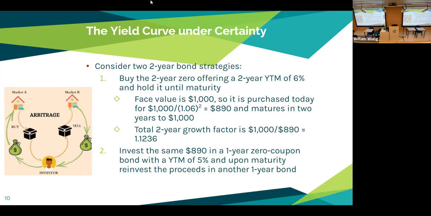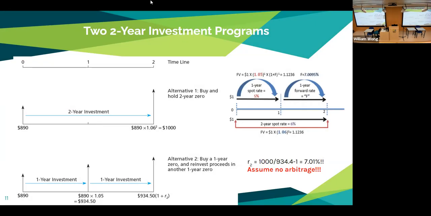The second strategy is to invest the same $890 in a 1-year zero coupon bond with a yield to maturity of 5%, and upon maturity, reinvest the proceeds in another 1-year zero bond. What will happen? The first is a 2-year investment of $890 with no cash flow, and at the end you get $1,000.